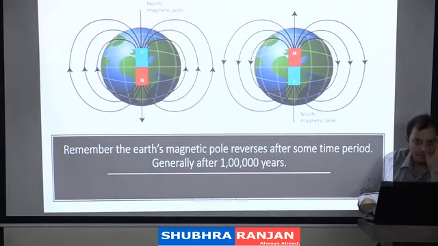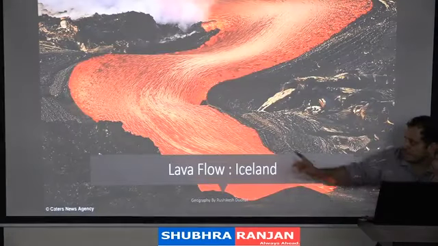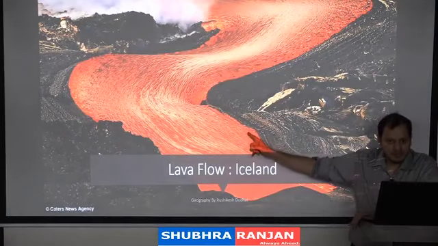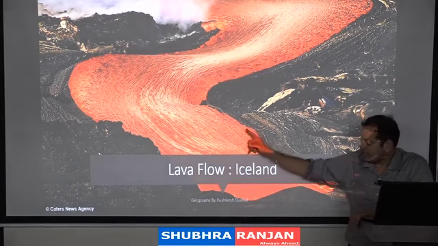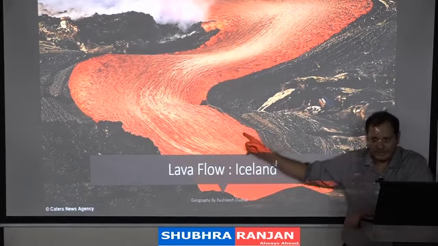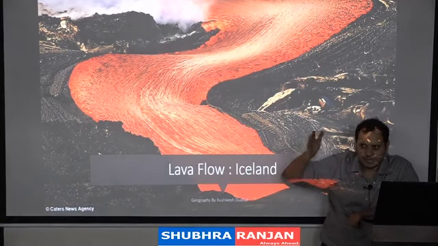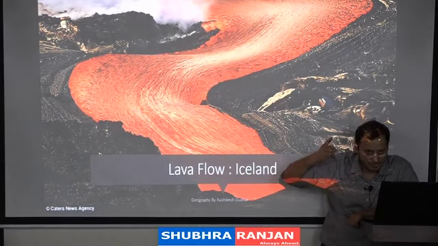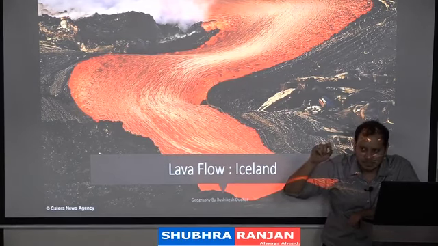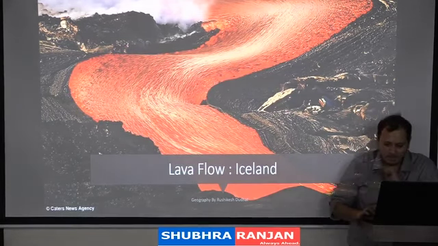As the magnetic field is reversing, whatever iron or metallic minerals are in it, when the lava starts cooling and solidifying, what will they do? They will get adjusted as per the magnetic field. That study is what is known as paleomagnetism.